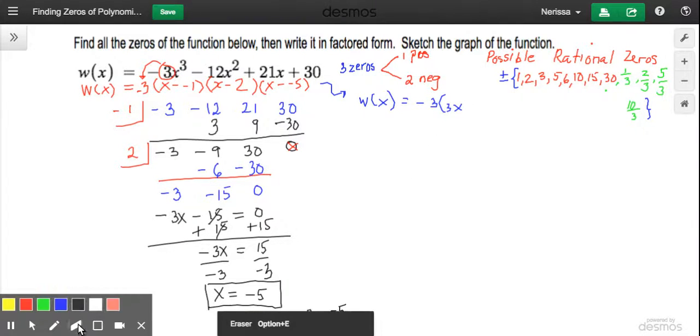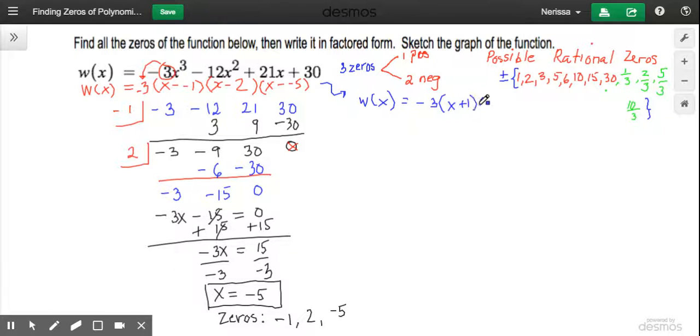Oh, why did I put a 3 there? Times x plus 1 times x minus 2 times x plus 5.